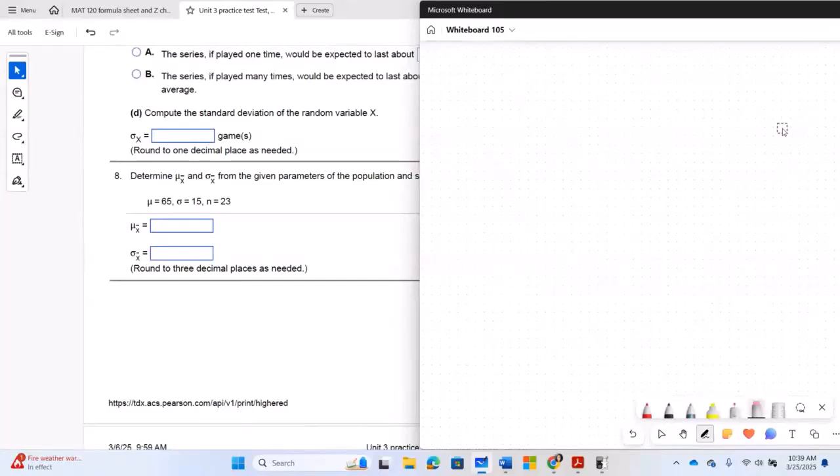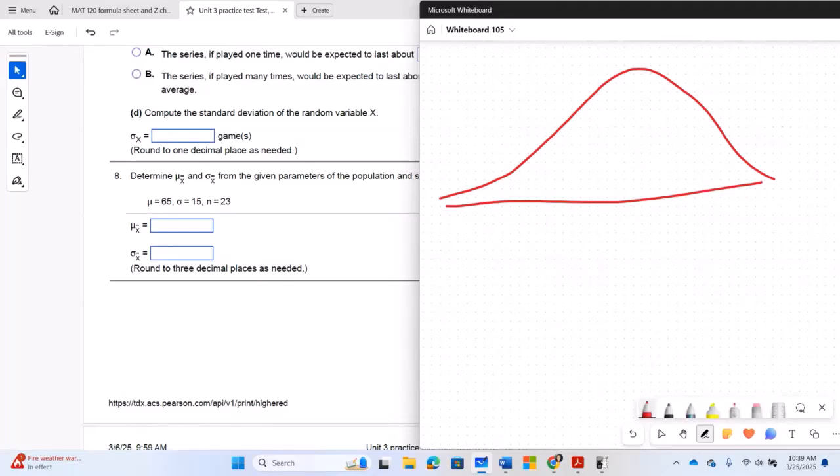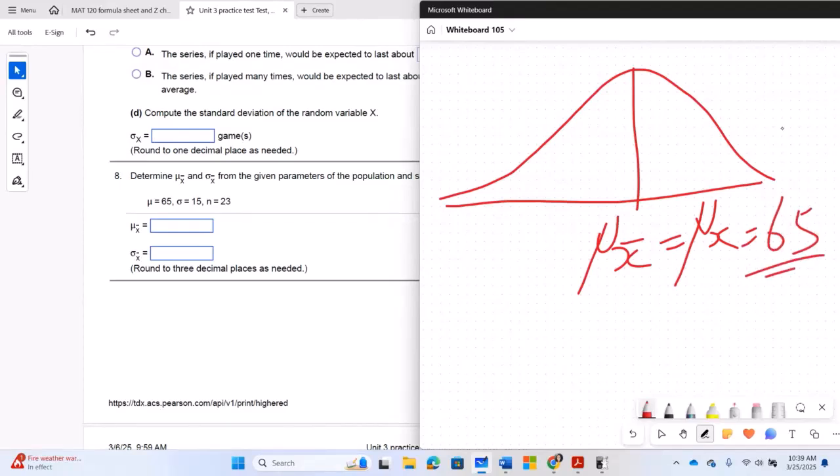That's all. So all we need to do is make sure we state the central limit theorem. The mean of means, mu x bar, is the same as the mean of the original data. And so that mean is 65.